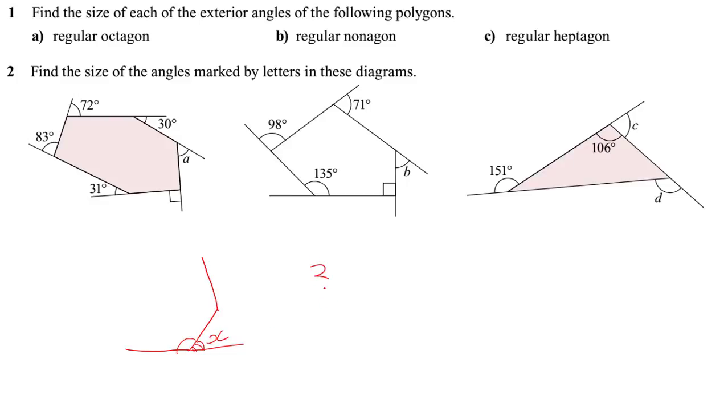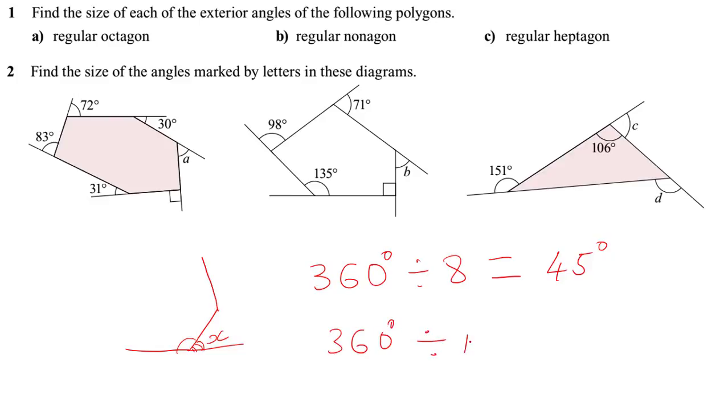Now, I know that the angles on the outside add up to 360, and I know that we got 8 sides right here. Now, if you do 360 divided by 8, then the answer is going to be 45 degrees. In other words, you do 360 divided by the number of sides. So the formula is 360 divided by the number of sides.